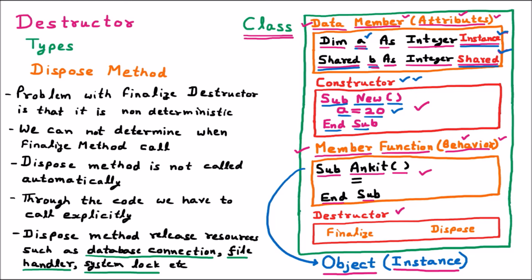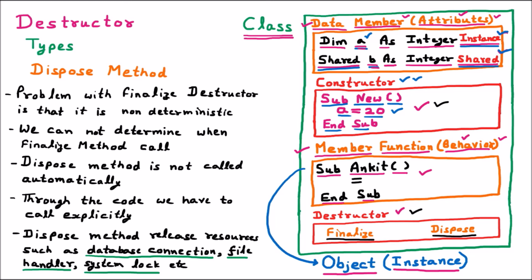So here we have learned the destructor. A destructor is exactly the opposite of a constructor. A constructor allocates the memory and a destructor deallocates the memory. So whatever objects are using the memory, that is deallocated. Destructors are of two types. One is finalize and the second one is dispose.